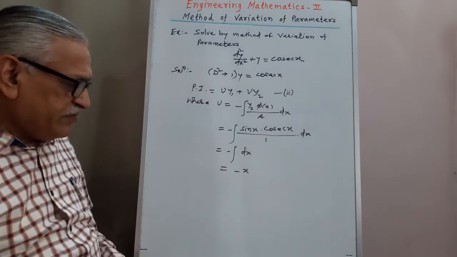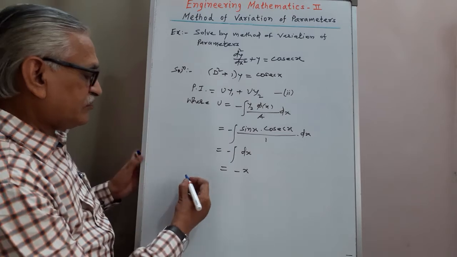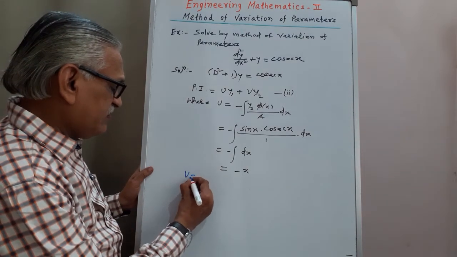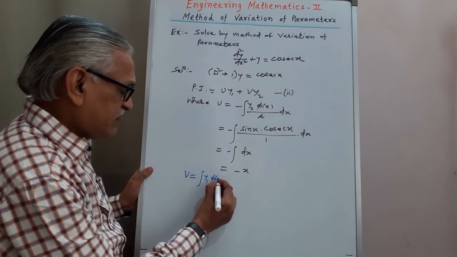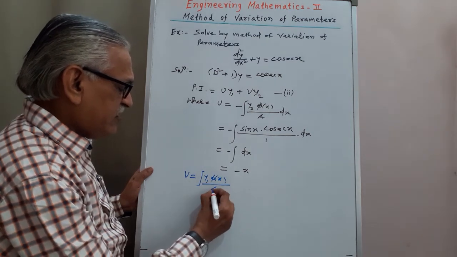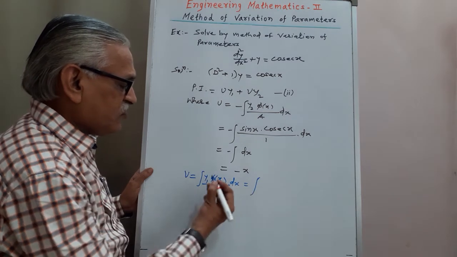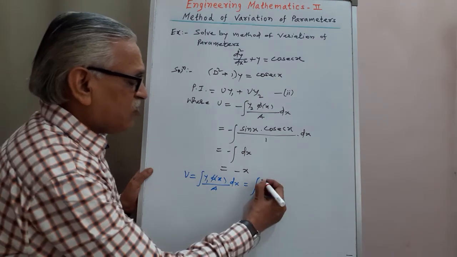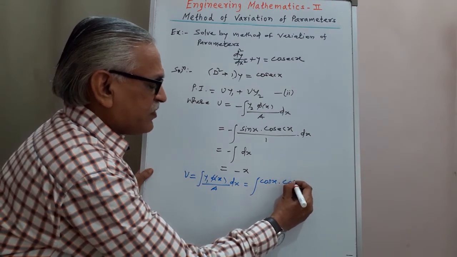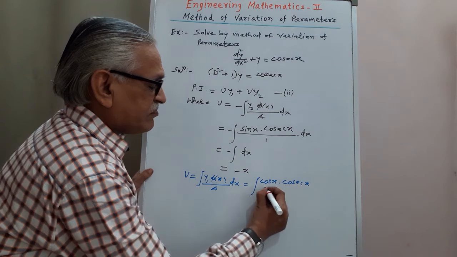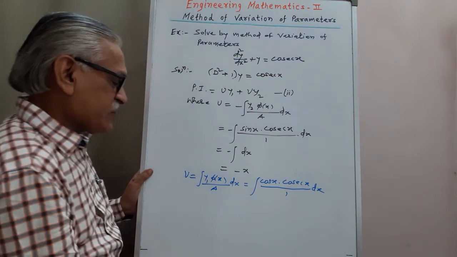Then we find v. v is the integration of y1 phi of x divided by A with respect to x. It is the integration of y1, which is cos x, into phi of x, which is cosec x, divided by 1, with respect to x.